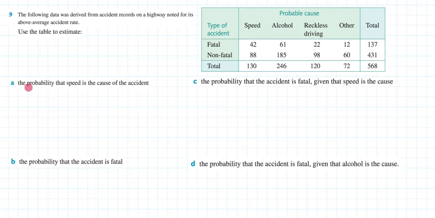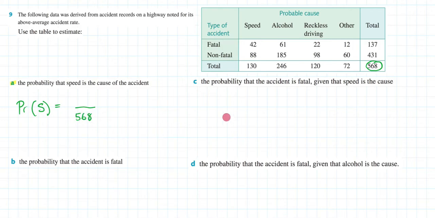Okay, so let's now come to 9A, which is asking us to find the probability that speed is the cause of the accident. So I'm going to grab my pen. I'm going to say, all right, the probability that speed is the cause of the accident is going to be out of 568 because that's the total amount of accidents that I have.